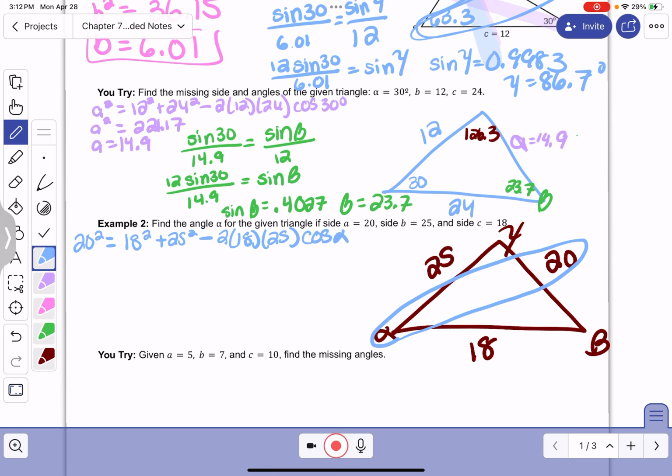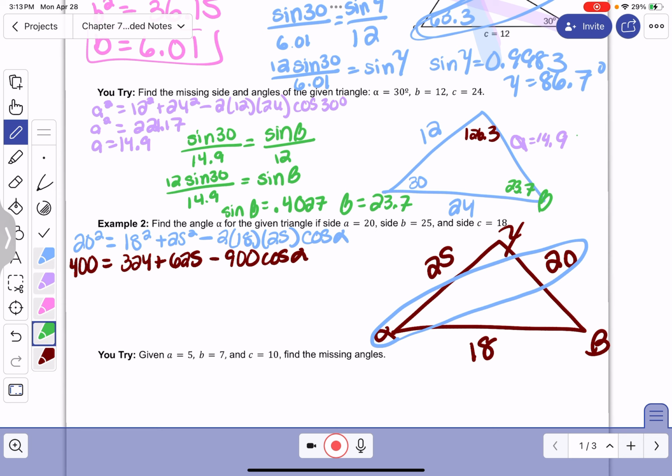So we're just plugging those in like we did before. Now, let's simplify that to get rid of the squares and the parentheses. So 20 squared is 400. 18 squared is 324. 25 squared is 625. And negative 2 times 25 times 18 is negative 900.